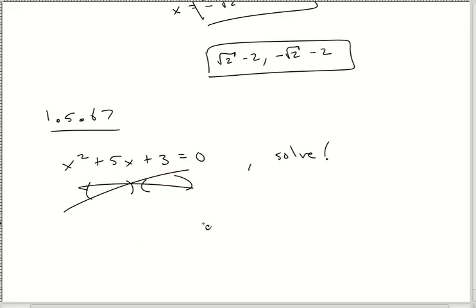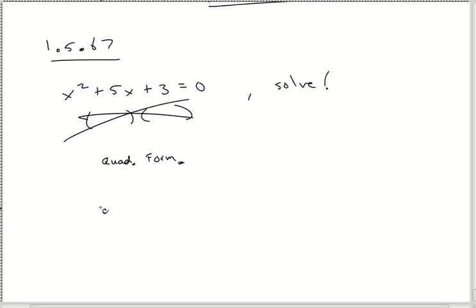So is there something we could do to solve any one of these quadratic equations? Yes, it's the quadratic formula. Good enough. So I'm going to go ahead and give it to you.